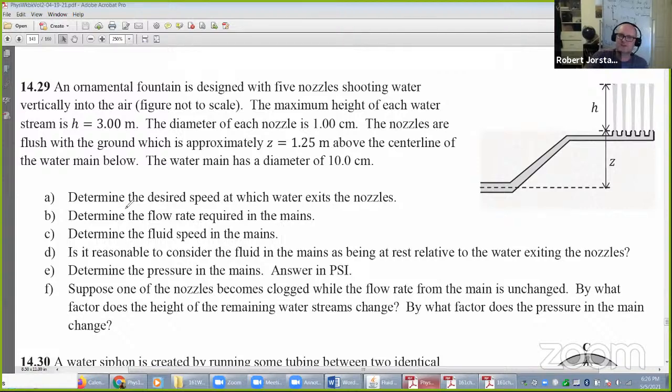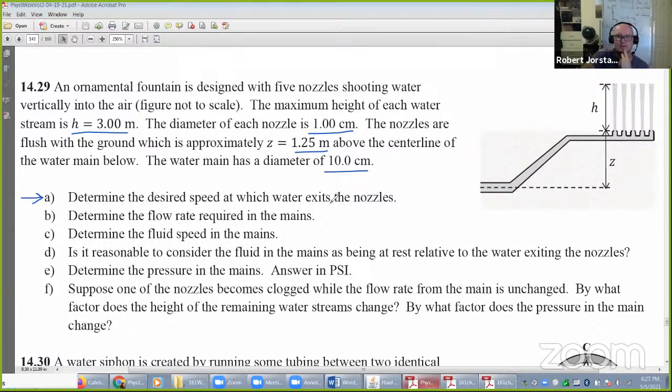So let's go through these parts. And before we do them, let's see if we can figure out what approach we should take before wasting time doing anything. It says, determine the desired speed at which water exits the nozzles. My givens are the height h, the diameter of each nozzle, and so on. Okay.